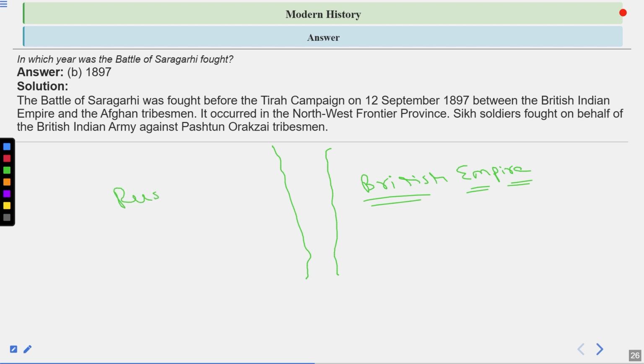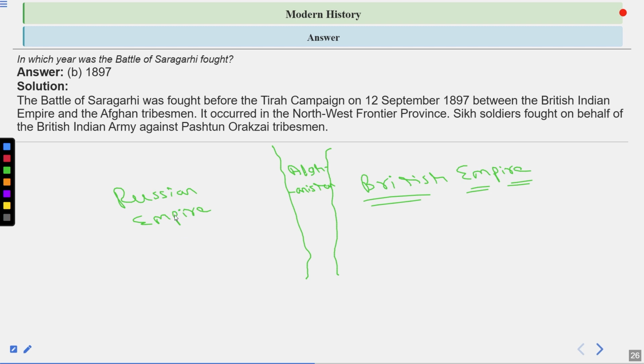And on the other side, there was the Russian Empire that was also expanding its territory. In the middle of this, there was Afghanistan. Afghanistan was acting as a buffer zone between the British Empire and the Russian Empire.